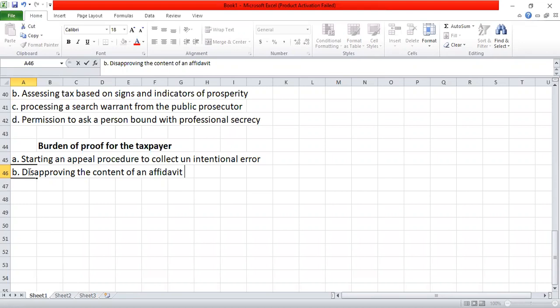That procedure is a cost for the taxpayer.